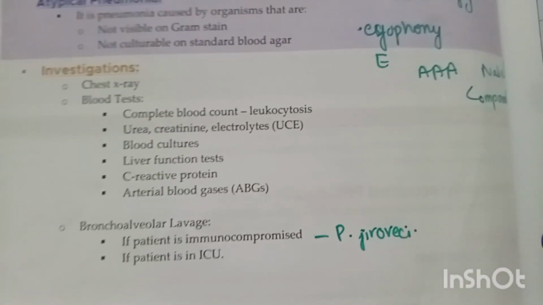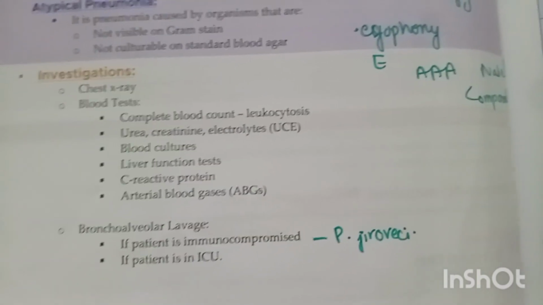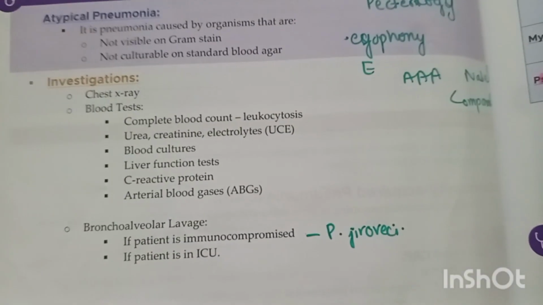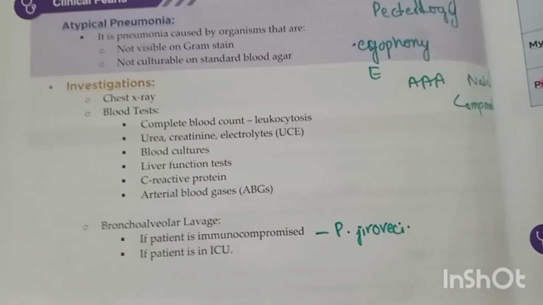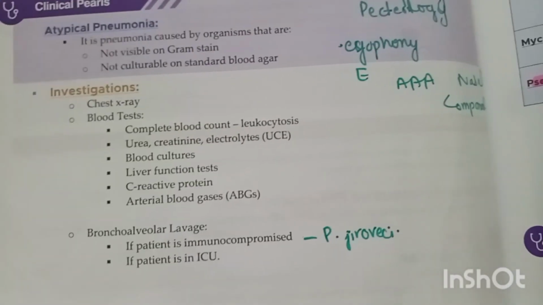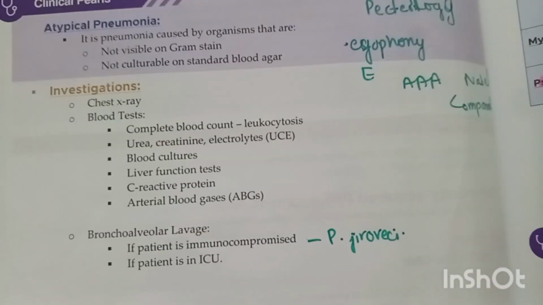You may then think of Pneumocystis jirovecii, or if the patient has ground glass opacities on the lung. But if the patient presents with mucopurulent sputum, not a dry cough, then this is not Pneumocystis, this is pneumococcal pneumonia.